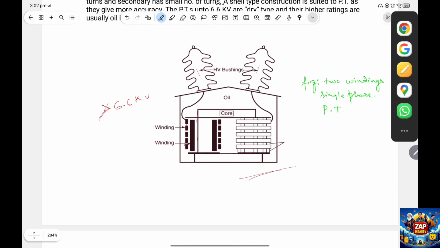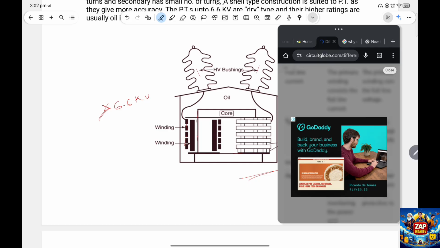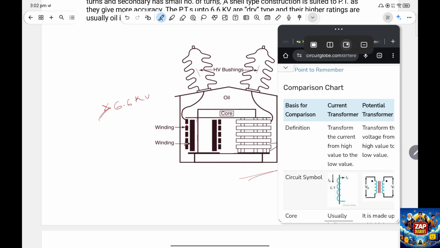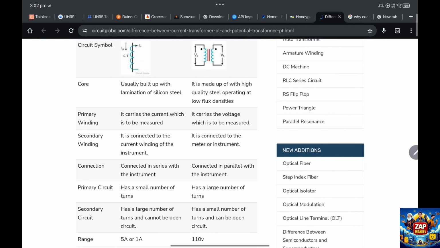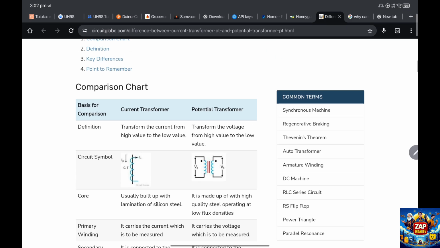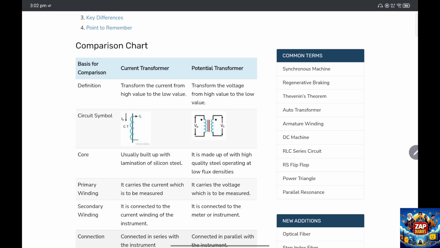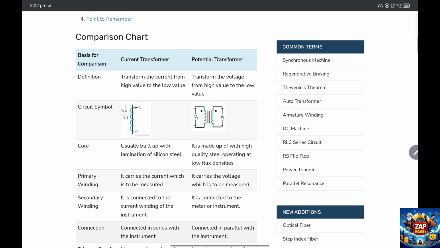For the comparison part, I'm going to suggest the Circuit Globe website. They actually give the best comparison chart for a current transformer and a potential transformer.